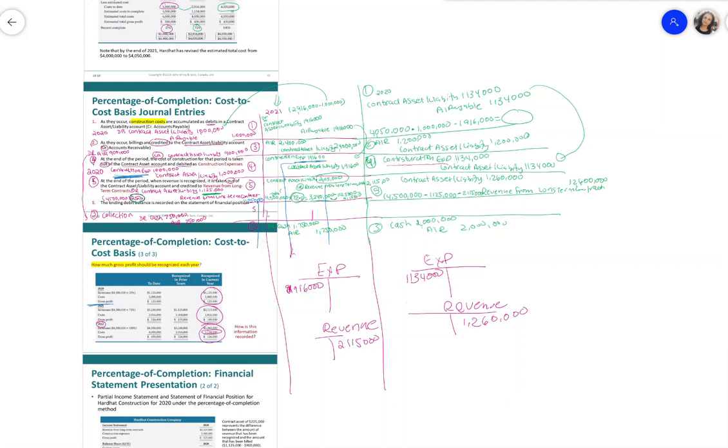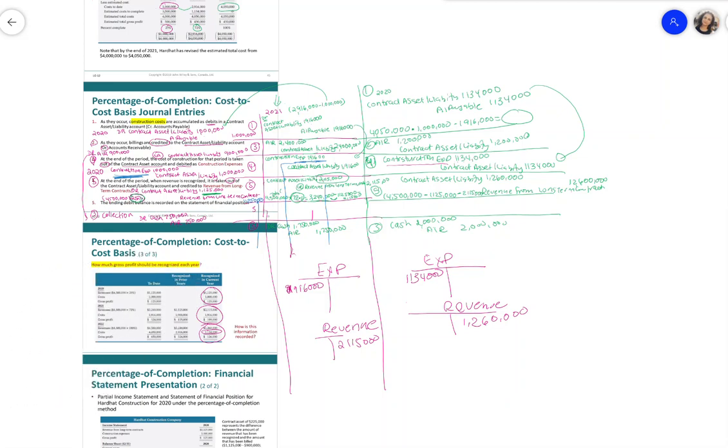And then when you go to the first year, I'm just going to do 2020. We have expenses and a revenue. In this case, the first year, the expenses was 1 million, and the revenue was 1.125. If you do T accounts, it does the same thing as what they're doing here too. So that's how you do the journal entries.